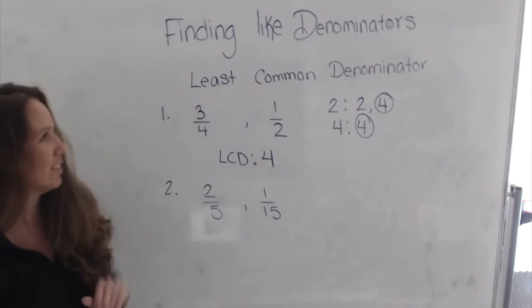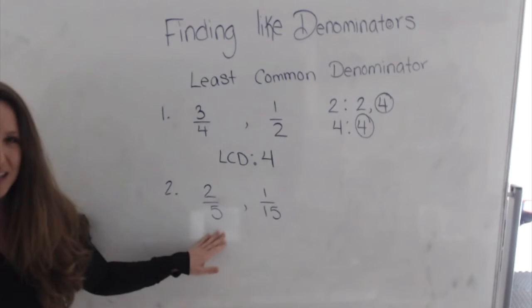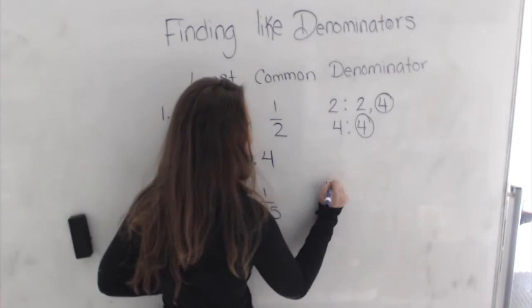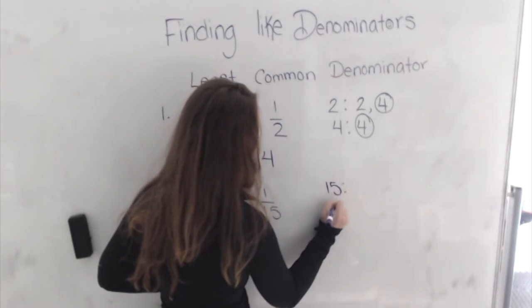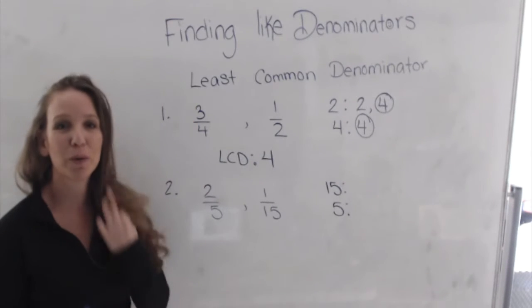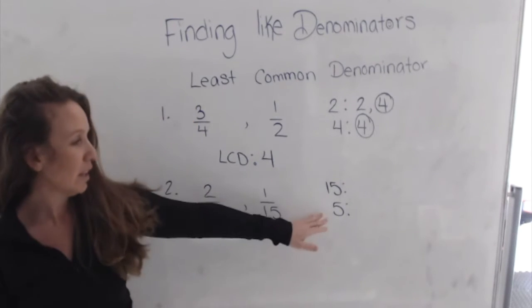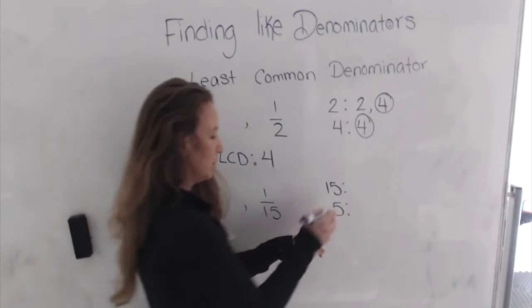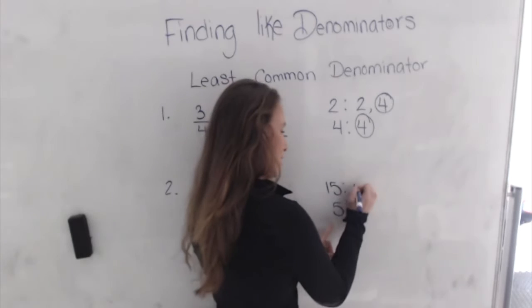Just like the instructions, we're looking at the denominators, the down side. So let's write down our numbers, 15 and 5. And remember, I like to start with the bigger number, because if the smaller one goes into that evenly, I'm done already. So 15 times 1 is 15.